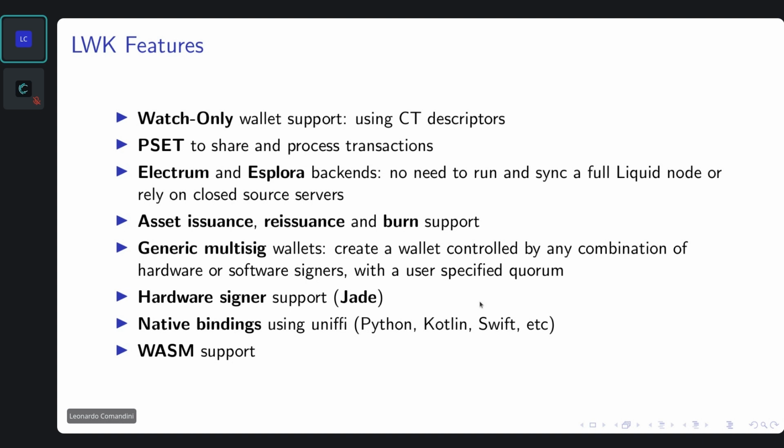And we are planning to add support for more bindings. For instance, as of now, the Bull Bitcoin team is developing a Dart interface for the bindings, and we also have WebAssembly support.